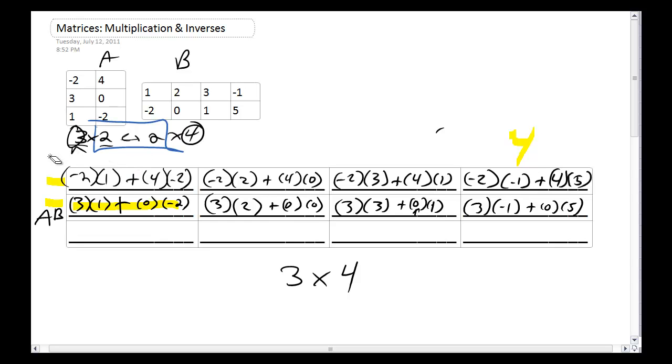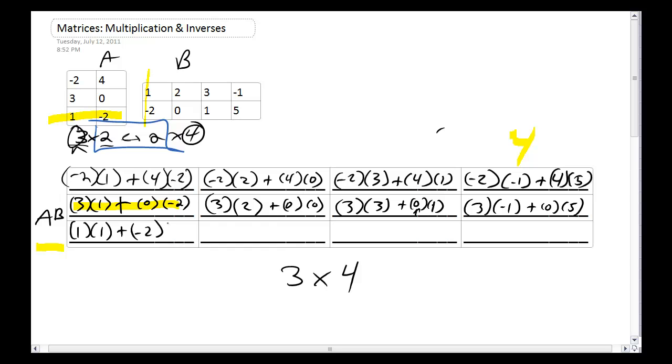Lastly, I'm going to have my third row, because I'm in the third row. And again, let's grab that first column. 1 times 1 plus negative 2 times negative 2.